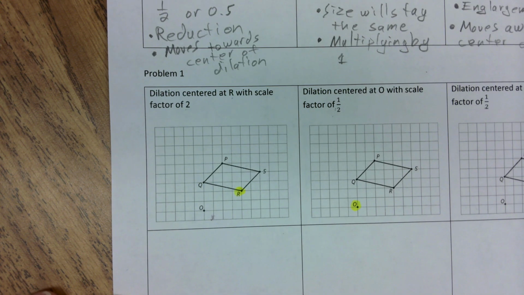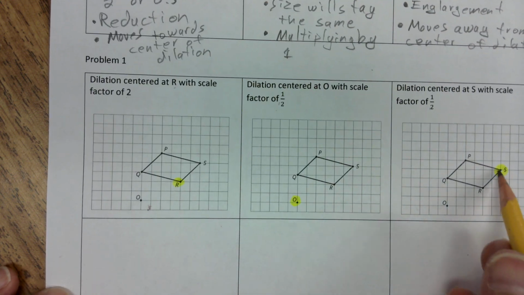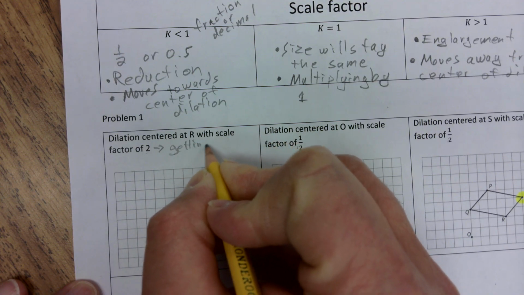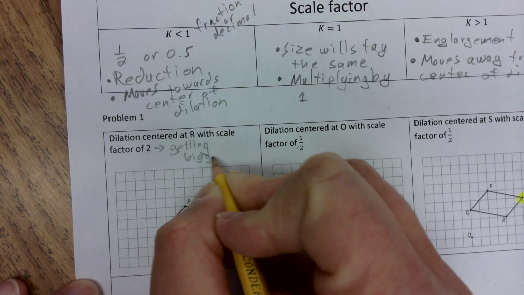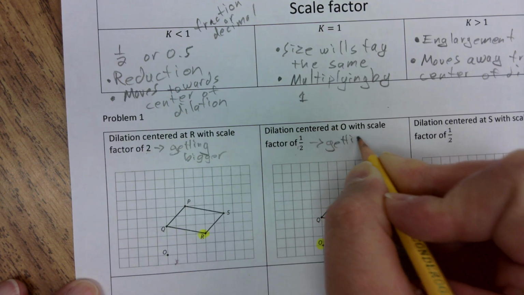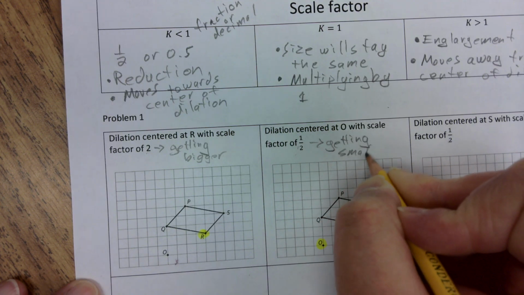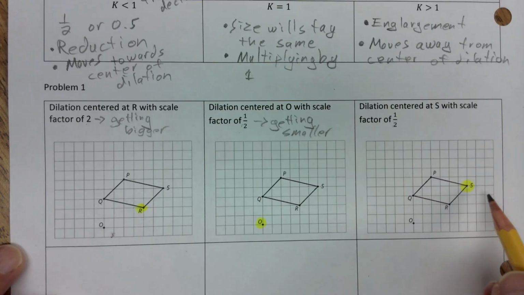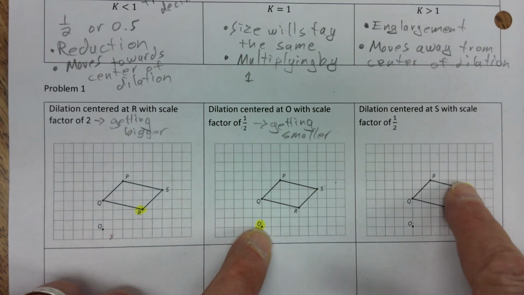Okay, now from S over here. So this is an enlargement, so it's getting bigger. And this is getting smaller. Okay, this has the same scale factor, so it'll be getting smaller, but it'll look different. These two will look different because you have different centers of dilation, right?